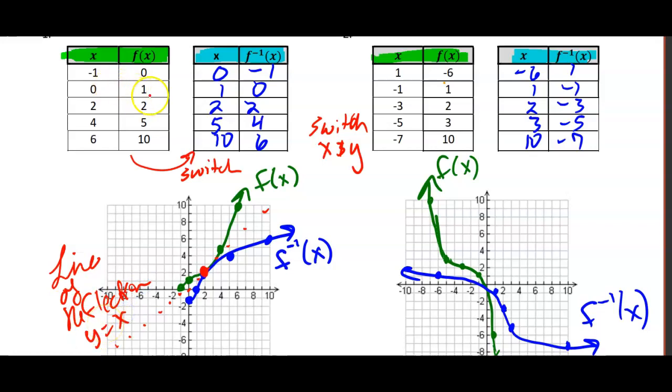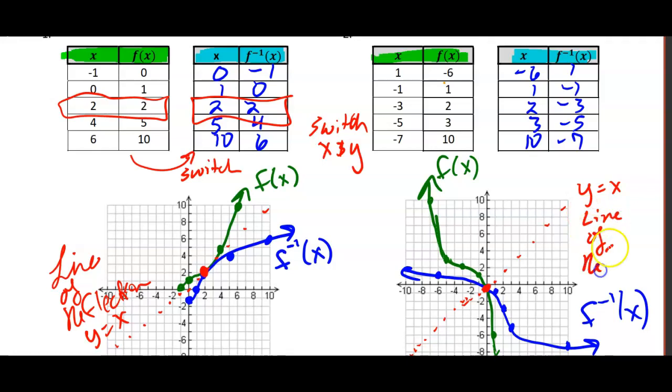So where your points are the same, like (2, 2), you'll get that same exact point on both graphs. All right? On your second graph, we didn't actually state this point, but we can see that there is a point where we have the same x and y value. It looks like about (-0.3, -0.3). Okay, so again, y equals x, line of reflection.